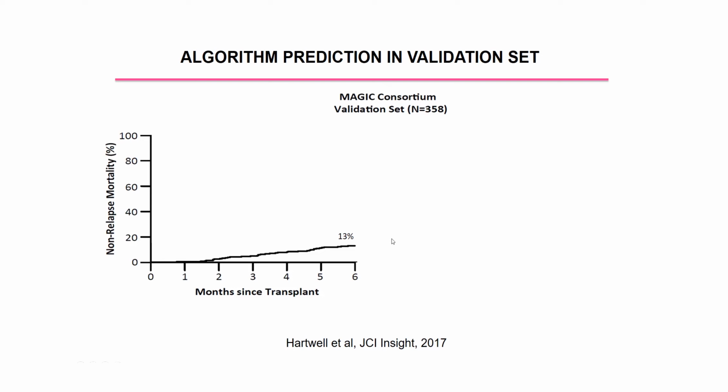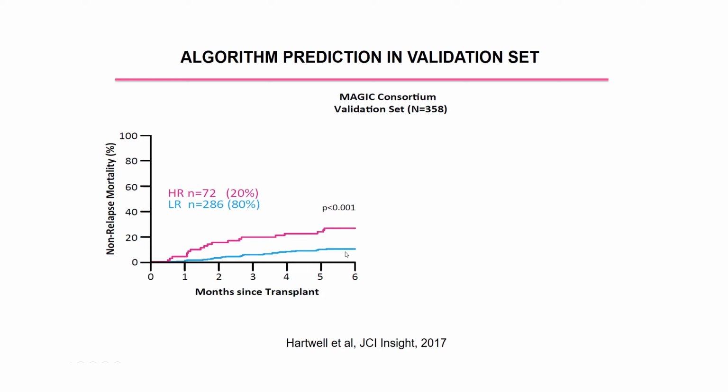What you see here on the left is non-relapse mortality, with an overall incidence of 13% at 6 months. When we use the biomarkers to divide patients into high-risk and low-risk groups, you can see there was at least a 2-fold difference in mortality in the high-risk group, which represented about 20% of the patients.